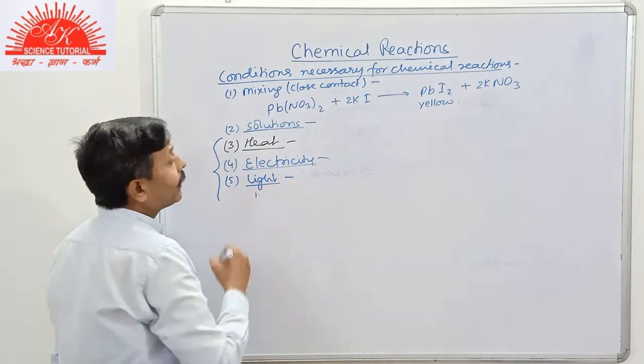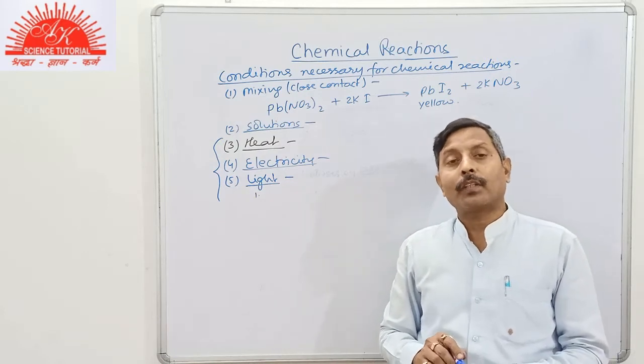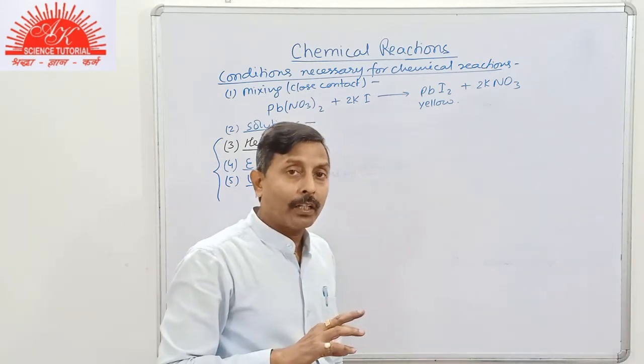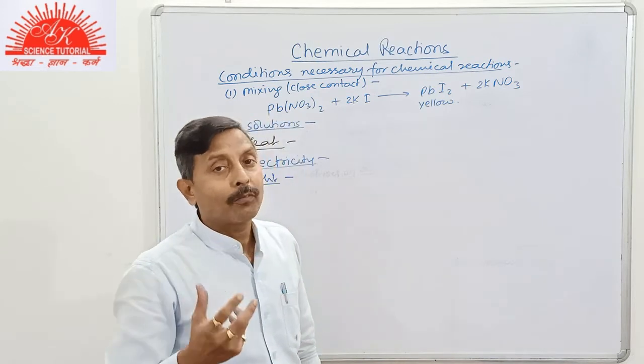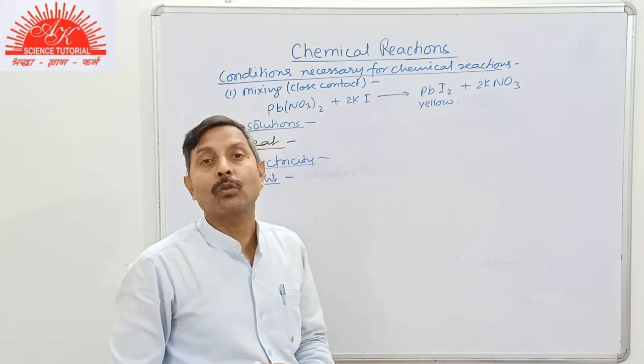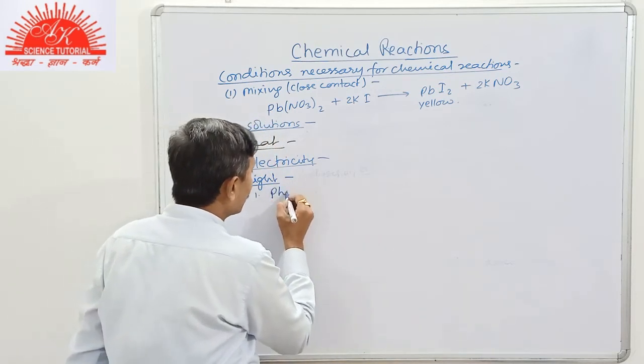Like in case of photosynthesis, light energy from the sun is used by the plant cells containing chlorophyll to manufacture their food in the form of carbohydrate glucose, and the process is known as photosynthesis.